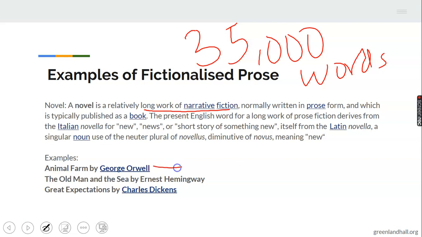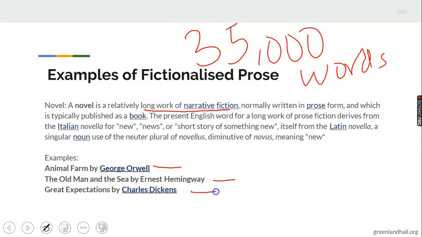Animal Farm is a novel. For those who are vast readers, you must have read Animal Farm by George Orwell. The Old Man and the Sea is also another novel. These are novels I read in secondary school and the early years of higher institution. Then Great Expectations by Charles Dickens.